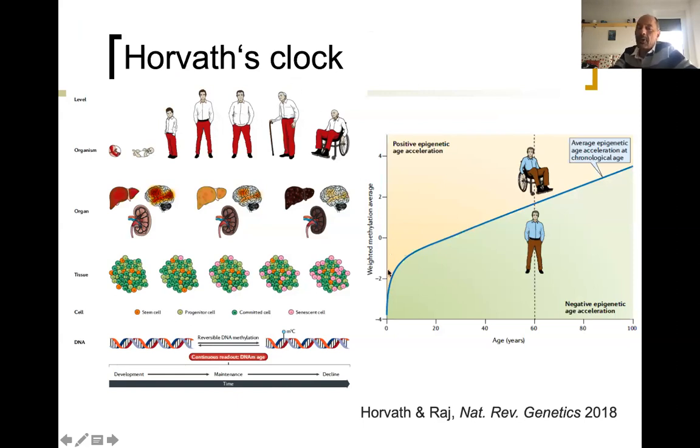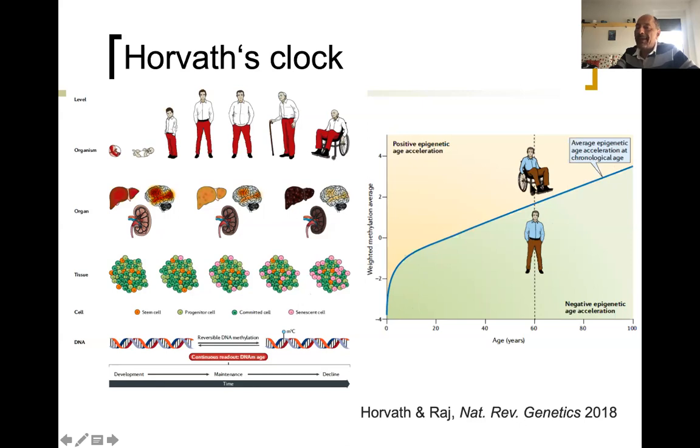So you can actually measure the real age of an individual based on the amount of methylation. This is the weighted methylation average as a function of the age. In the first months and years of life, methylation increases very quickly, but then it's essentially linear. So this is the average epigenetic age.